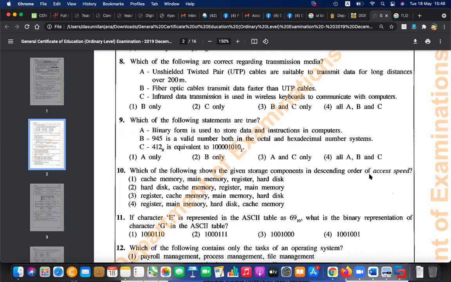This I think we have discussed already, but anyway, 412 in octal is equivalent to the given binary. Yes, quickly tell me. Don't take much time.